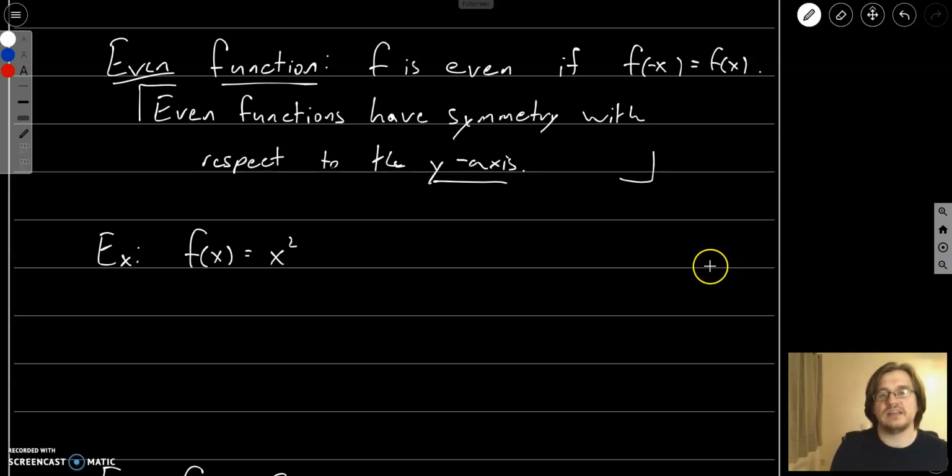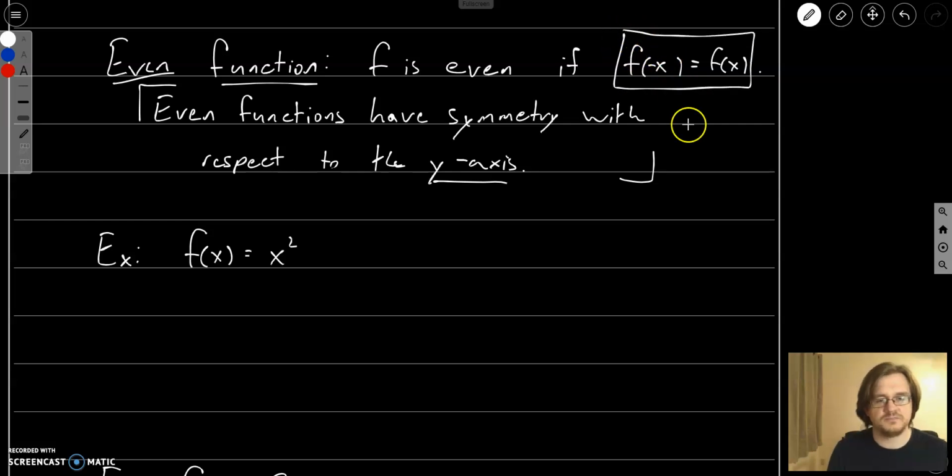And it turns out that there's an equation that we can look for to see, and this is given by this equation here. The way we check to see if a function is an even function and if it has symmetry about the y-axis is we replace x with negative x, and we see if we get the same values out.